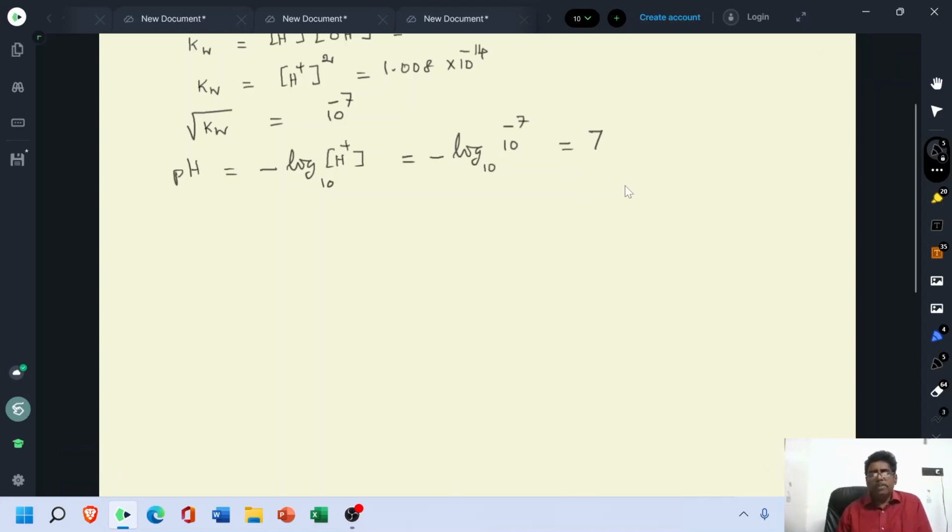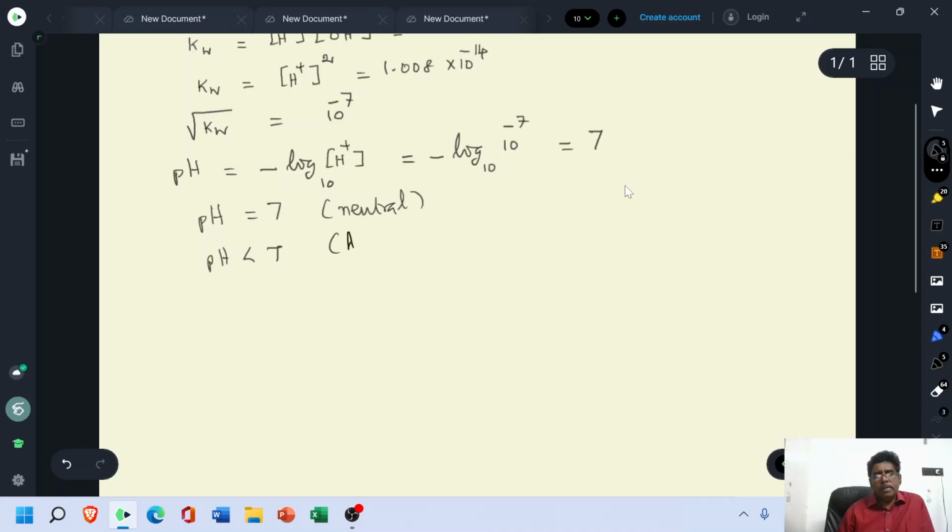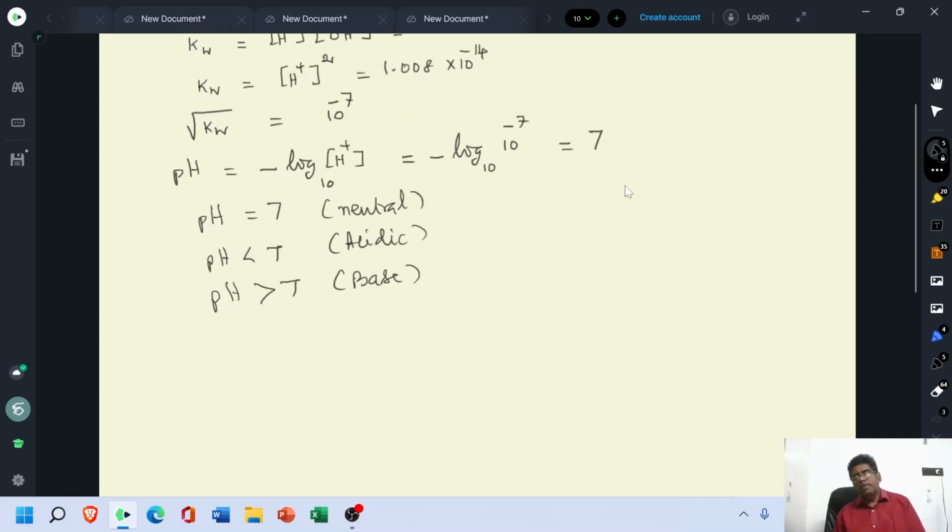So we can call this one as neutral. Suppose a solution is having the pH value lesser than 7, that is acid. pH equal to 7 is neutral. pH less than 7 acidic. pH greater than 7 is base. Suppose a base is soluble, such a base is called as alkaline.